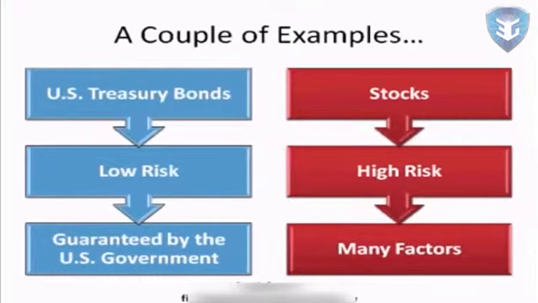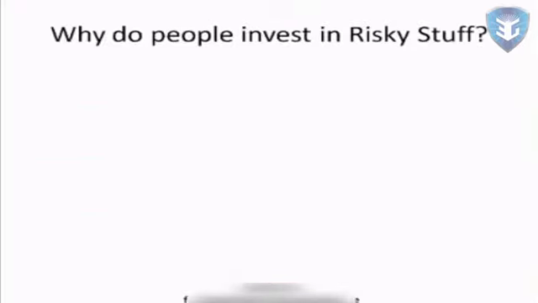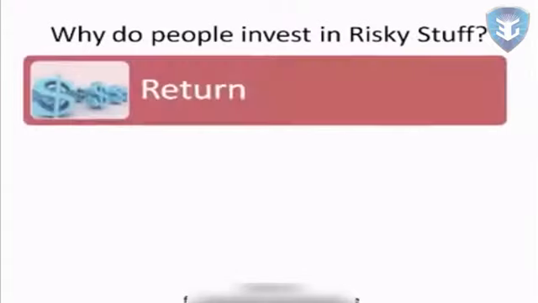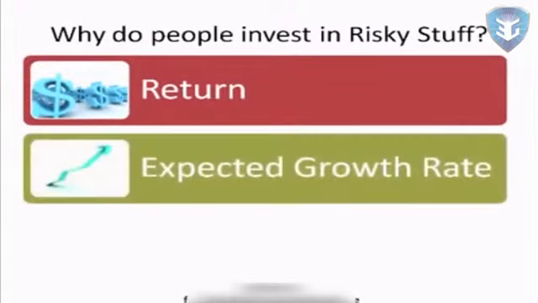Now, you're probably wondering, why would anyone invest in risky stuff? And that's a really good question. I mean, people don't like uncertainty. I don't like the idea of losing a lot of money on some risky investment, but there is a good reason, and that reason is the concept of return. Return is basically the expected growth rate of an investment.